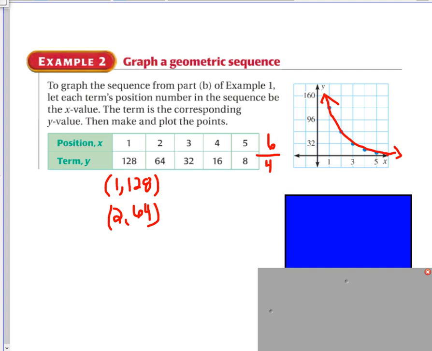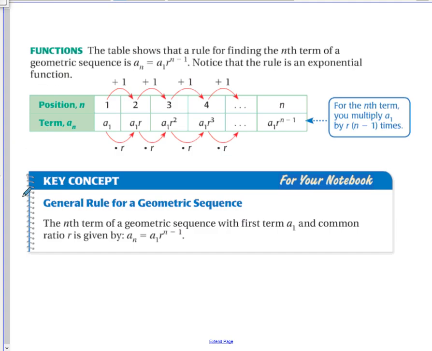All right, so there's this fancy little formula that goes along with it, and it looks complicated. I promise it's not as complicated as it looks. The one I am referring to is a_n equals a_1 times r to the n minus 1. Do not freak out.